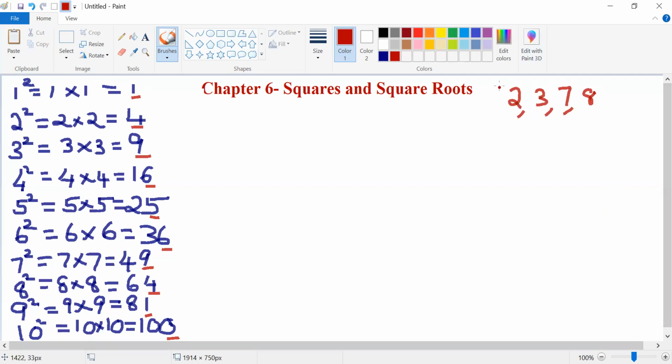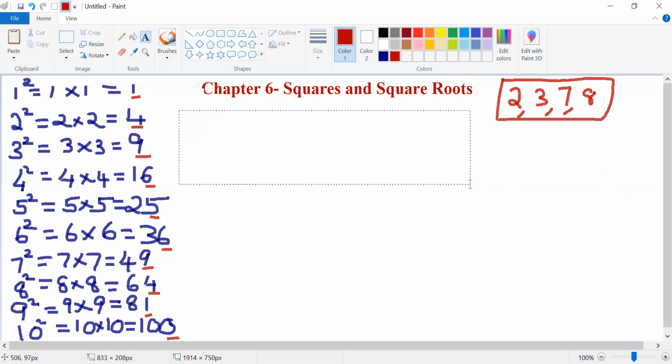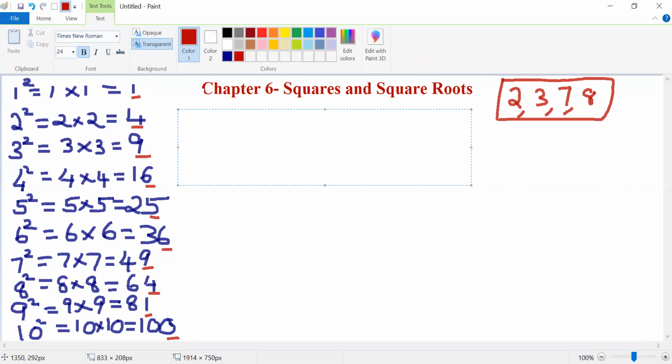That means 2, 3, 7, and 8 you can't find in the ones place of these square numbers. That means no square number will end in 2, 3, 7, 8.